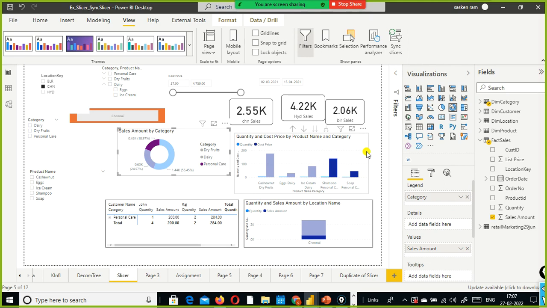So displaying both the relevant and irrelevant items in a visual is helpful. But when it comes to the matrix, it retains only the relevant items.